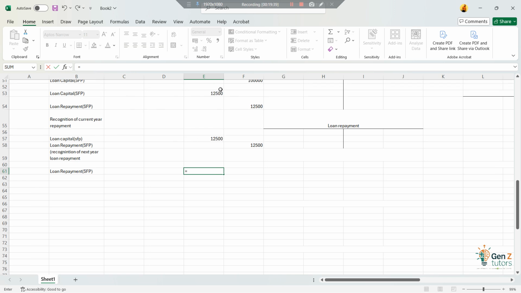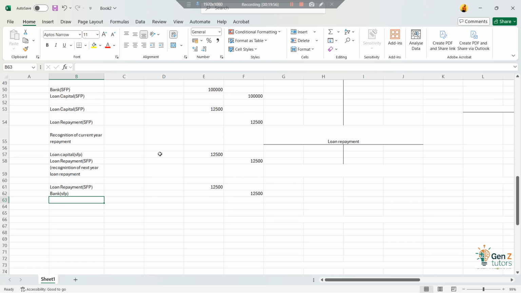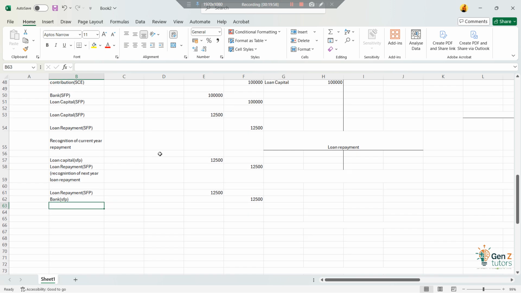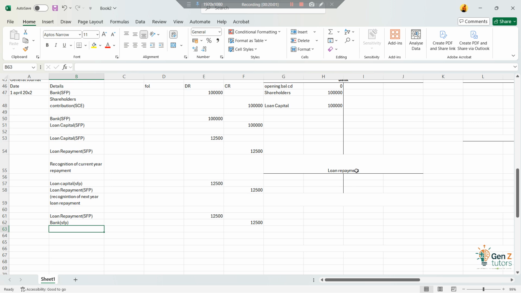We're going to say bank SFP, and then we are paying our loan, right? Whenever we're paying, we need to debit and credit the bank actually. Then we're just going to say loan repayment over here.